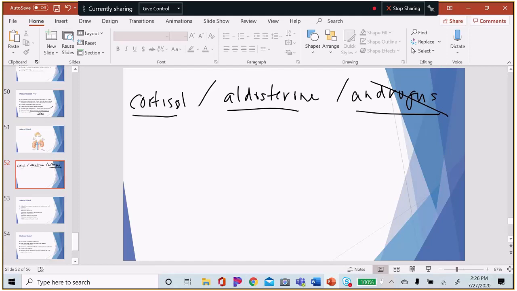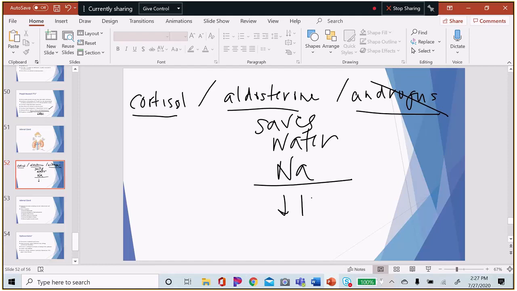We should know what aldosterone does, because that was part of the renin-angiotensin-aldosterone system. When the body does all the conversions from angiotensinogen to angiotensin 1 to angiotensin 2, angiotensin 2 is another way to stimulate the adrenal gland to create aldosterone, which saves water by saving sodium and gets rid of potassium.